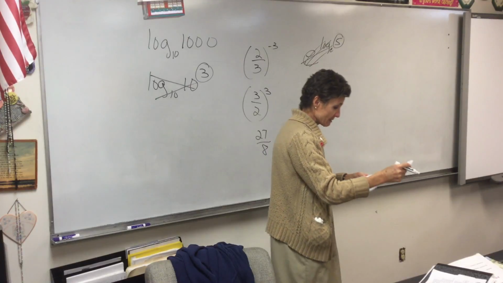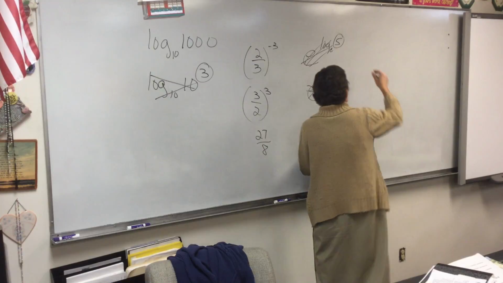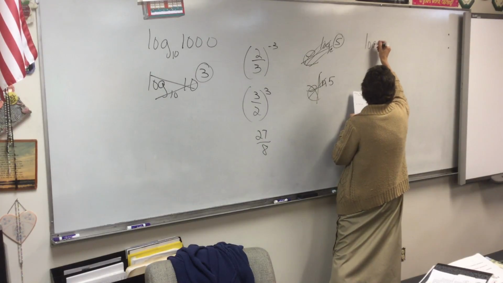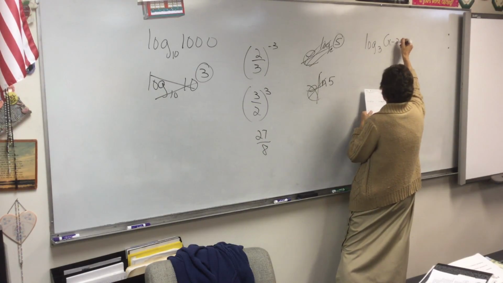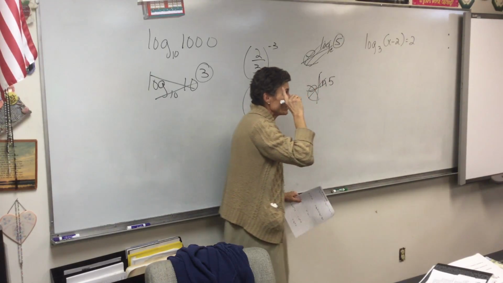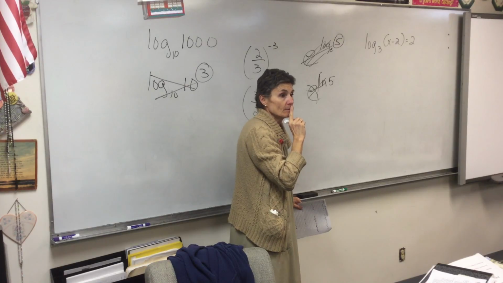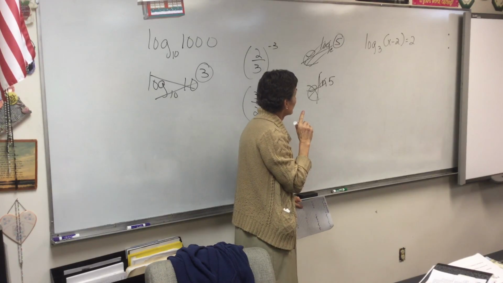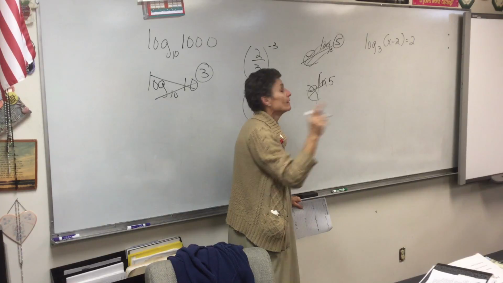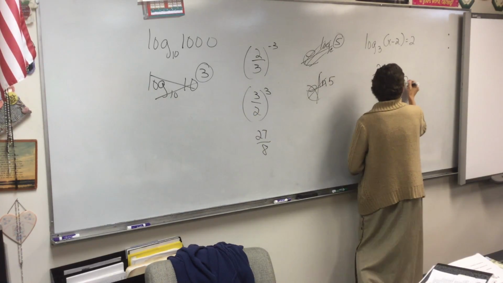Now we're solving some equations, different kinds of equations, okay? A. We had one like this on yesterday's quiz. What do I do? Think. You know what to do. What do you do with that? You flip the 2 and x minus 2. 3 squared equals x minus 2. There you go. 3 to the second equals x minus 2.